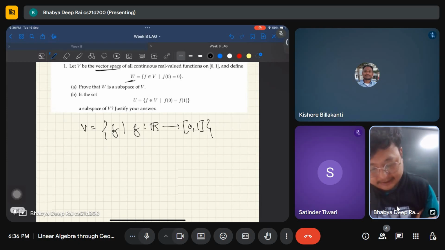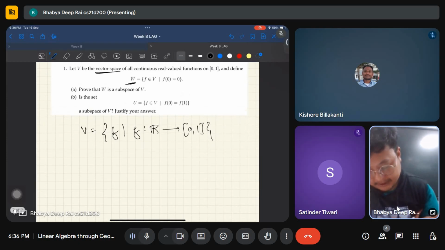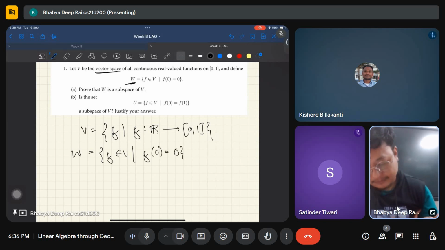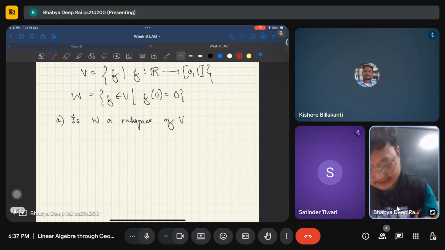Now, this is V, and then you have W. W is f in V such that f of 0 equals 0. The question says prove that W is a subspace of V. Is W a subspace of V? Now, what is a subspace?